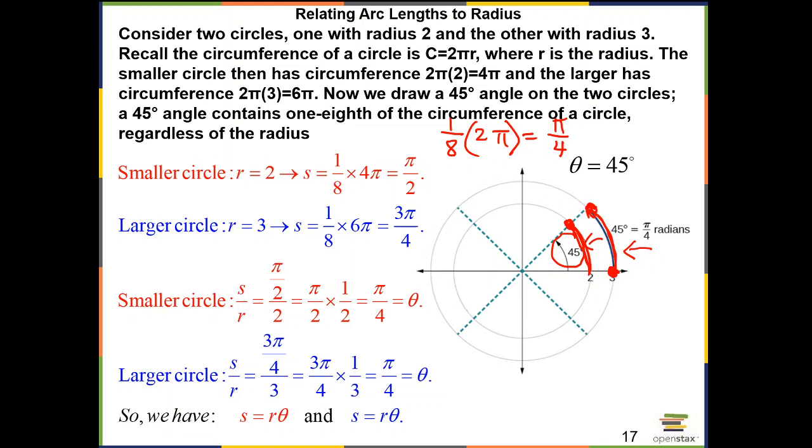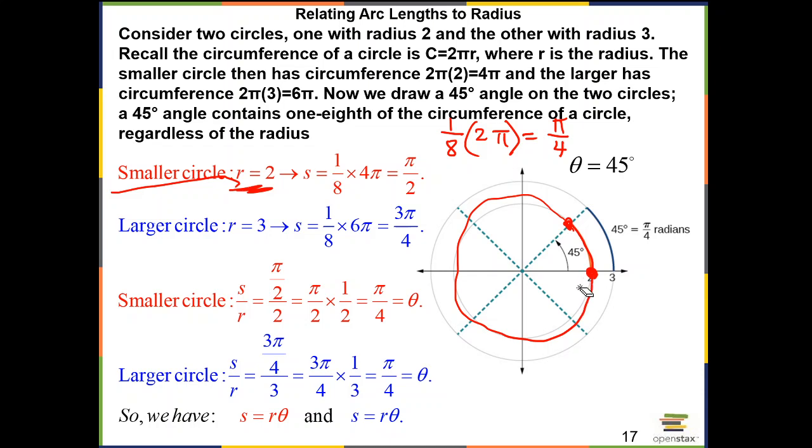Now, of course, this is true if we have radius equal to 1, but the radius is not 1. So let's look at it here. For a smaller circle, the radius is 2. So this S here, this distance from here to here, for a small circle is 1/8 of the circumference of the small circle.